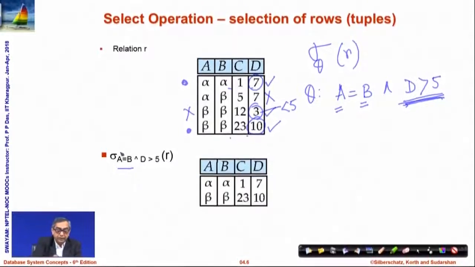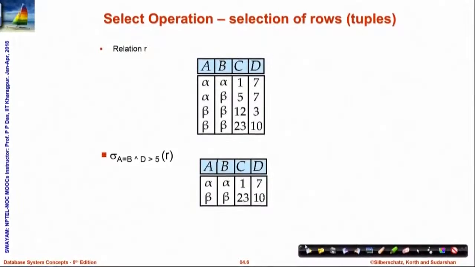In both of these records A is equal to B, and in both D is greater than 5. So, selection is an operation which selects a subset of rows from a relation, and creates a new relation based on a selection condition that must be true for all the records that have been selected.